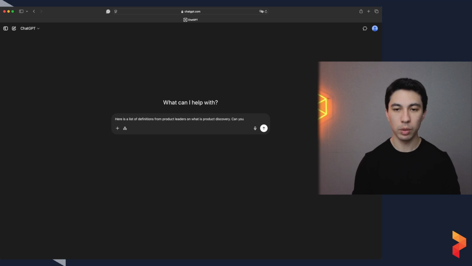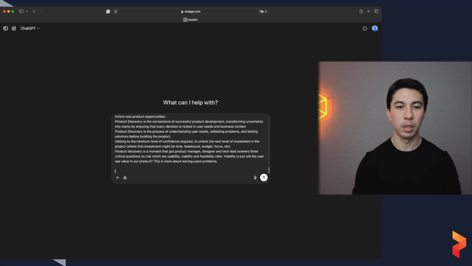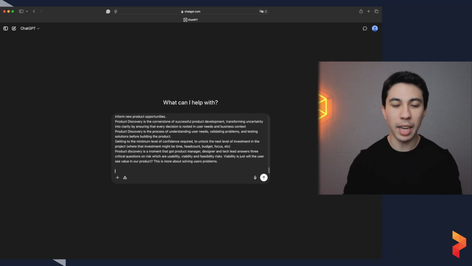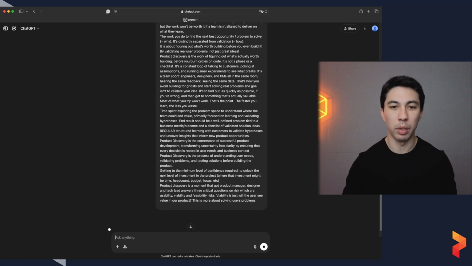Can you synthesize this and tell me what the common themes are? So then we paste the list and let's see what it comes up with.